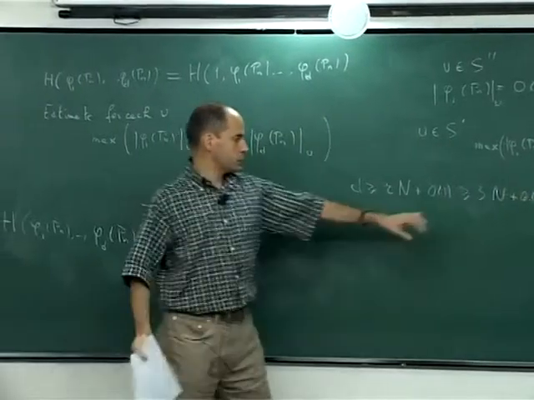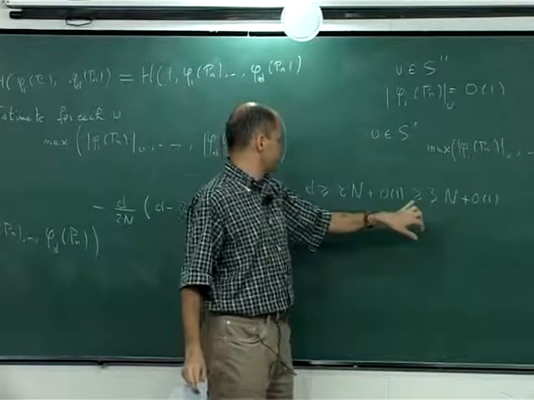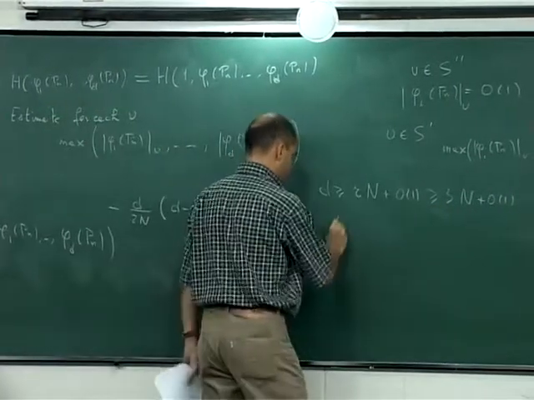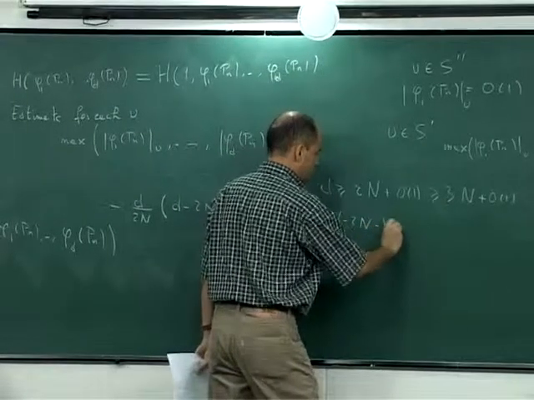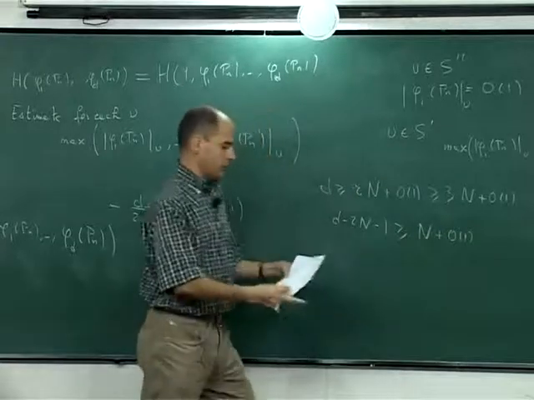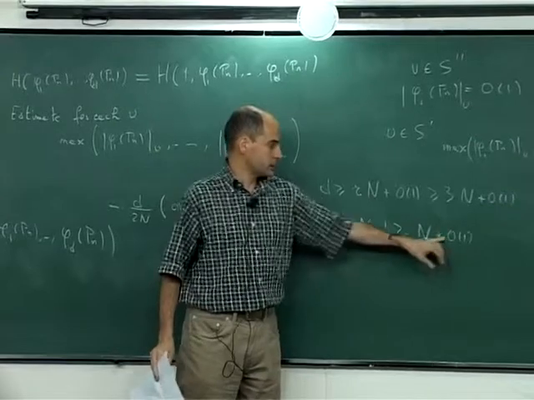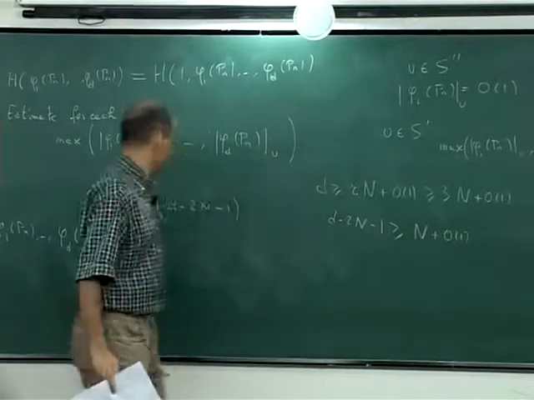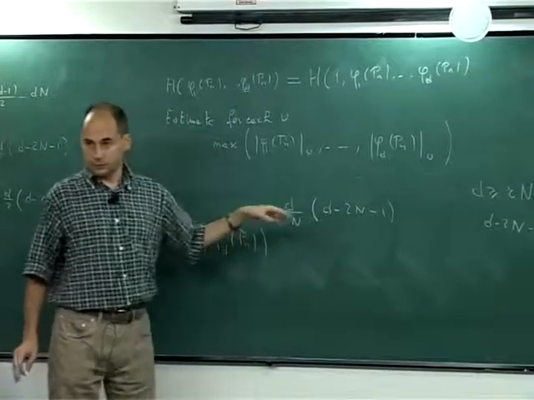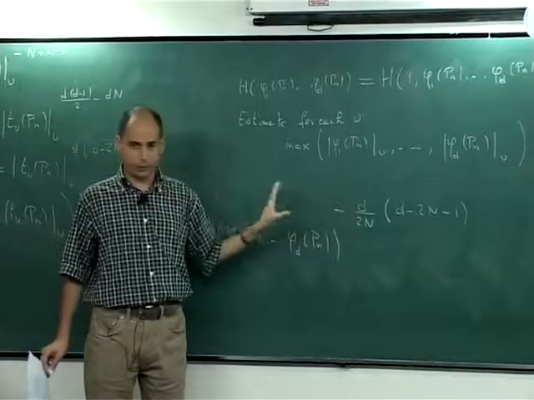So I just need to choose n such that d minus 2n minus 1 is larger than n plus big O of 1. So I just need to choose n such that this is strictly positive. And so the theorem is proved, and so the subspace theorem can be applied.